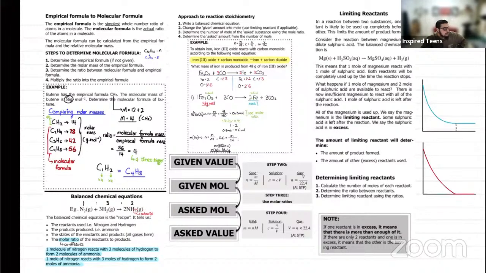Okay, so we're actually ahead because stoichiometry is a term 3 topic. We're working ahead so that we can leave time for revision later on in the term, which is good. Okay, perfect.